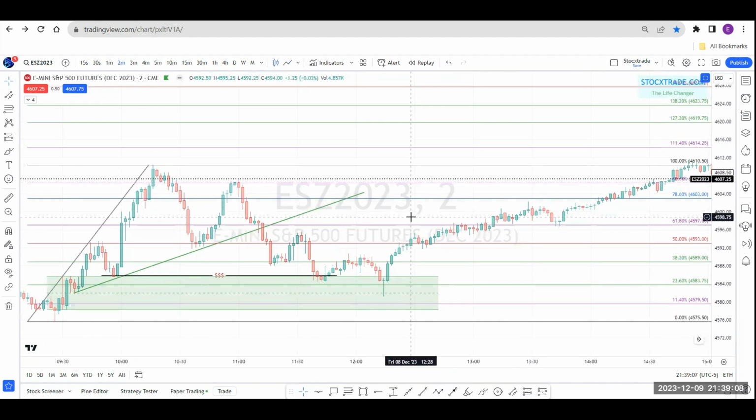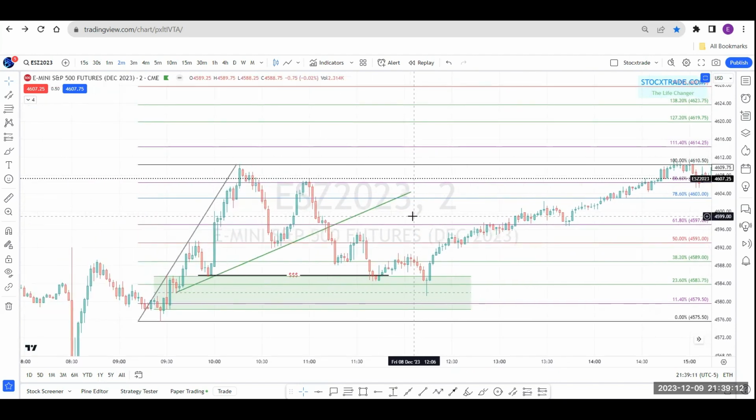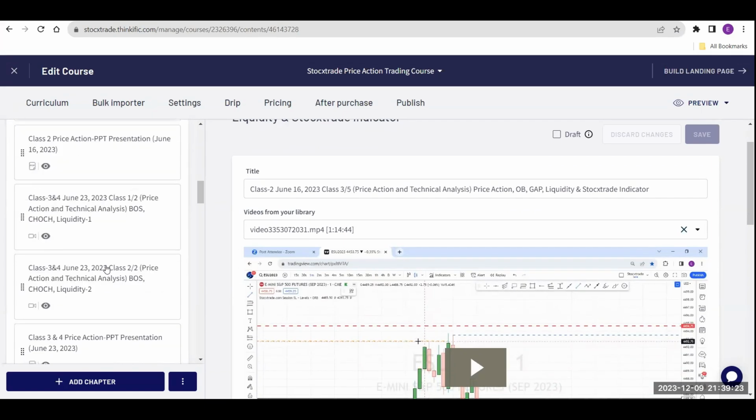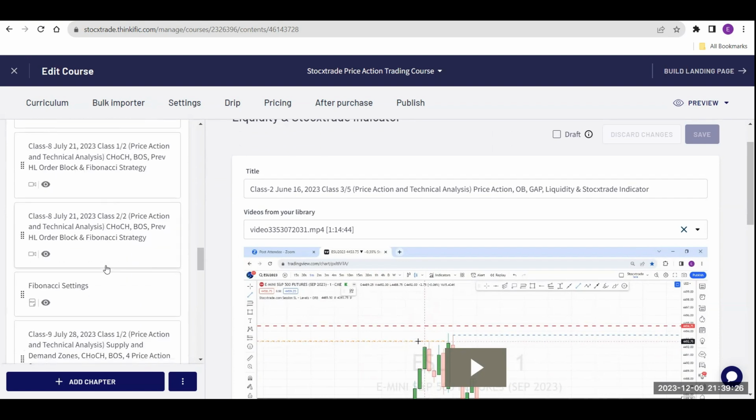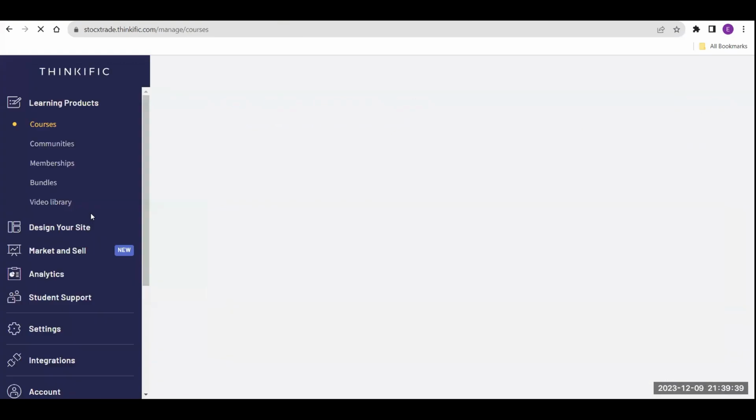Just practice this strategy. Otherwise, if you are using the indicators or whatever, you can. And later on, as initially the other brother asked, I will try to give you this course. Okay, I will see how. I have the account, but I think I have the free account. So I need to pay monthly to Thinkific, and they will give me the access.